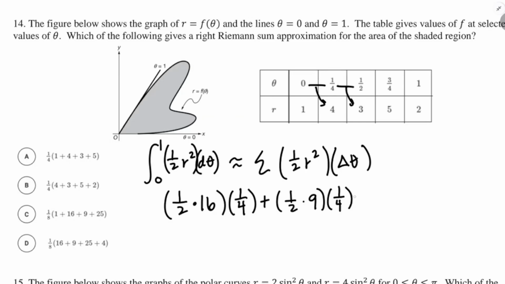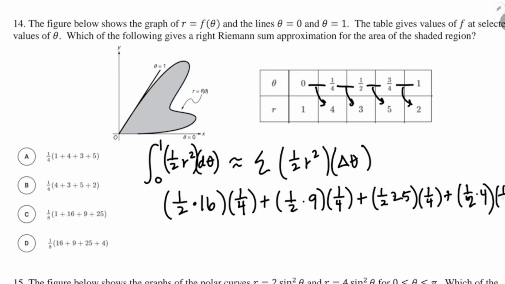Okay. Third one's going to be 1/2 of 25, delta theta is 1/4. Last one's going to be 1/2 of 4, again times the 1/4.